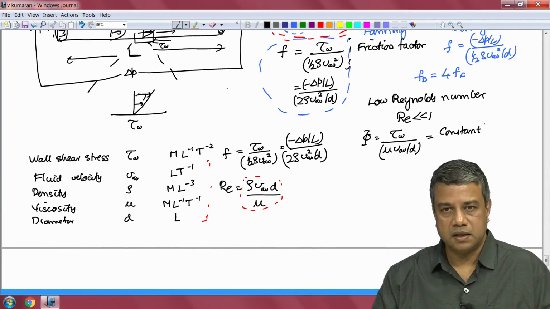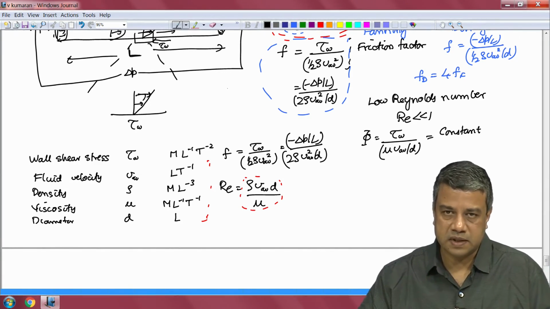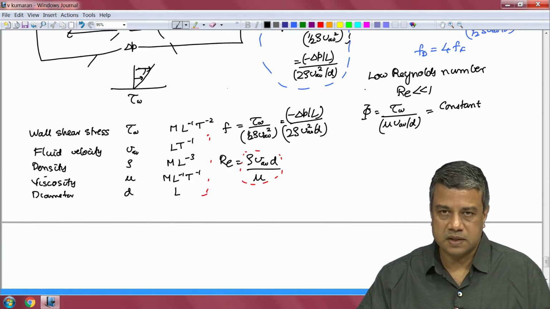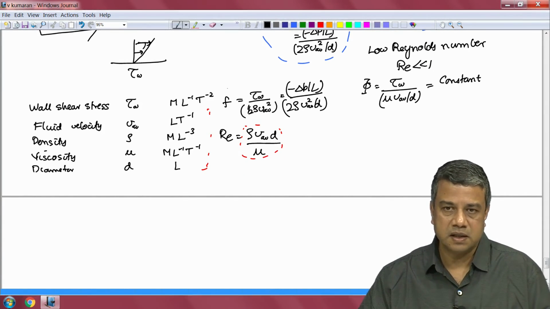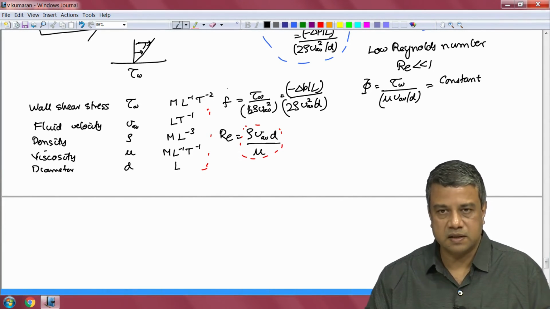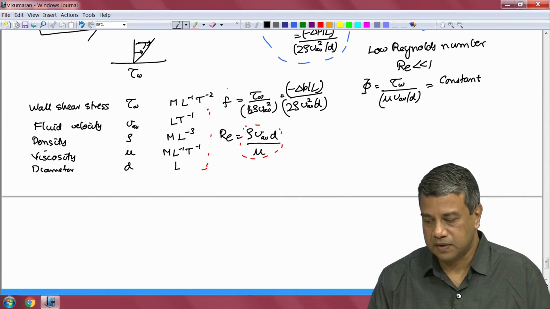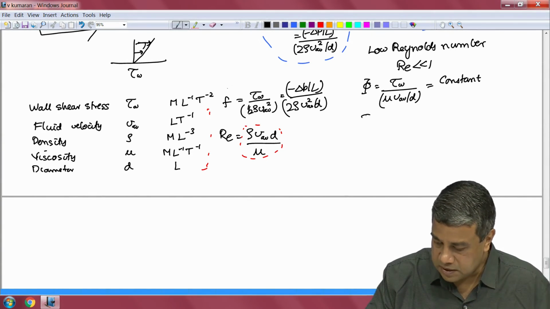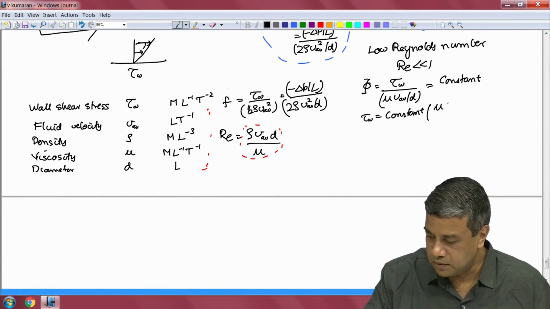In the limit of low Reynolds number, the wall shear stress can be scaled only by the viscosity, and therefore, the ratio of the wall shear stress and a quantity which has the same dimension as the right side of Newton's law of viscosity, viscosity times velocity difference divided by distance, has to be a constant. Which means that the wall shear stress has got to be equal to a constant times mu V_av by d.